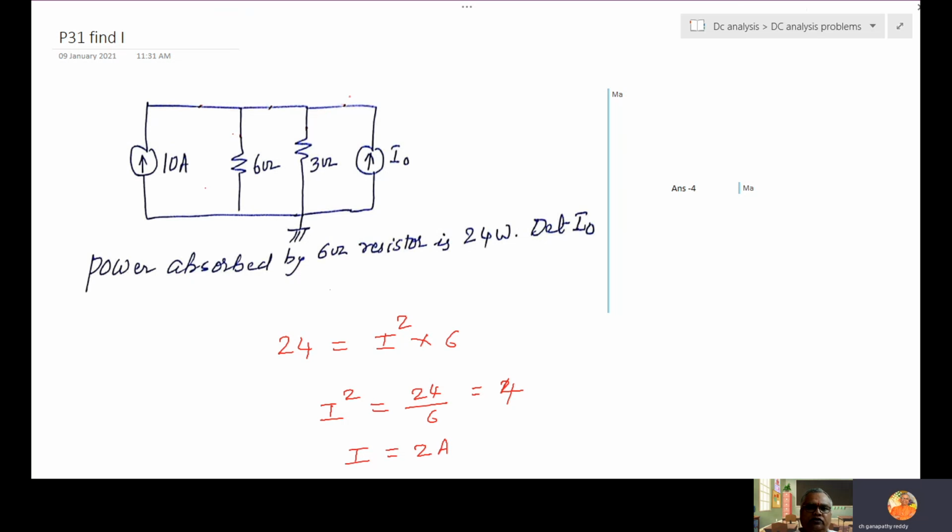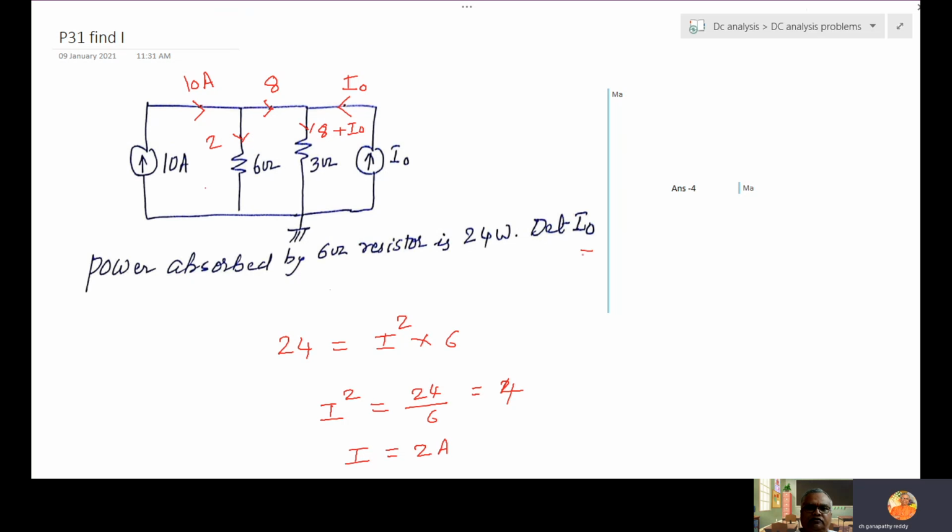Now this current I naught is not given. This current, 10 amps, is given. What is this current we got? 4 amps. Sorry, 2 amps. What is this one? 10 minus 2, 8. How much is this? 8 plus I naught.